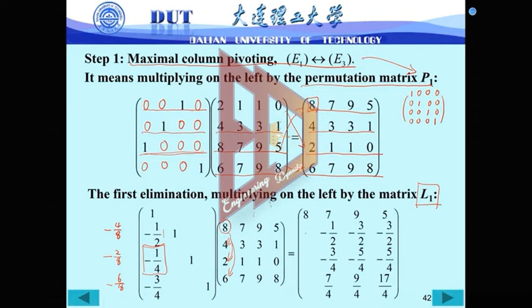Of course, for the first column, below the diagonal, they are zeros, right? Elimination. And we also obtain these other elements by using the multipliers: each row multiplies each column, and you will obtain these numbers.